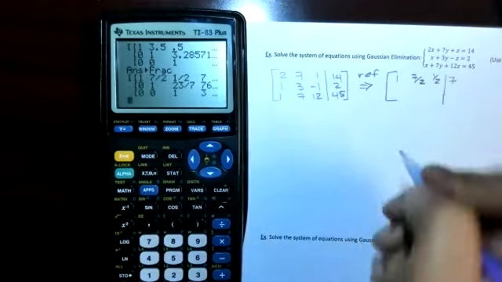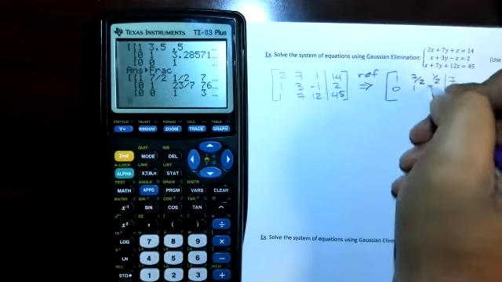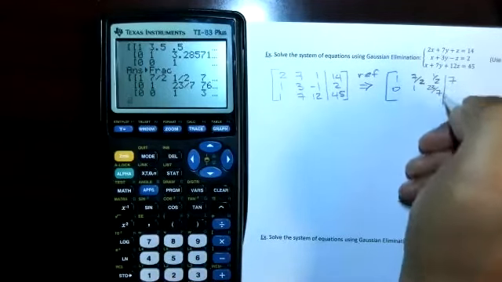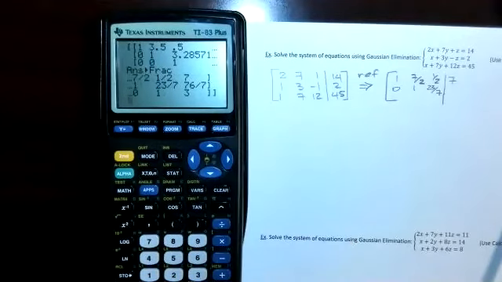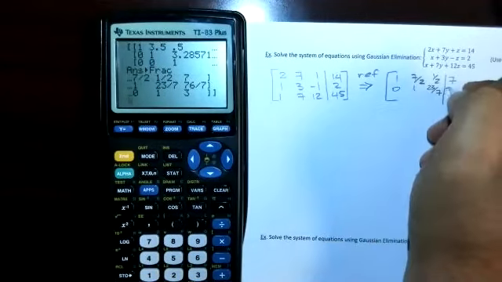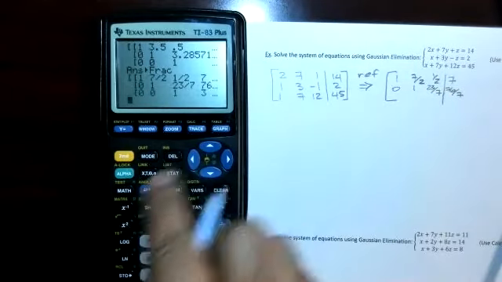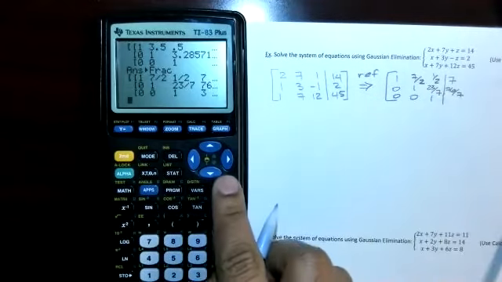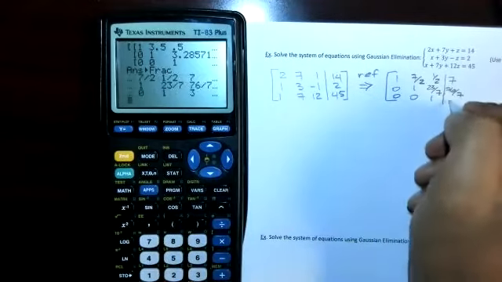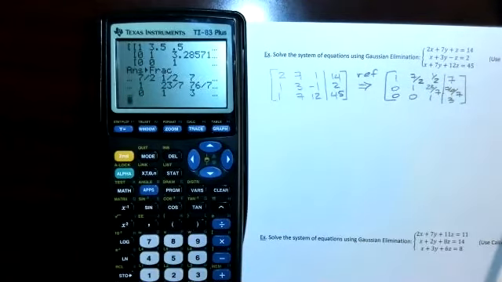The second row is 0, 1, 23/7, 76 over 7. And then the last row is 0, 0, 1, 3. All right, so that's all we need our calculator for.